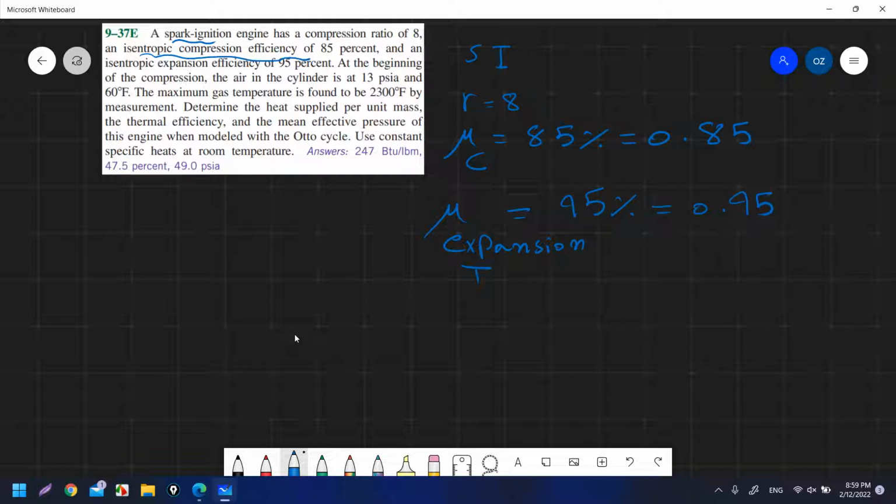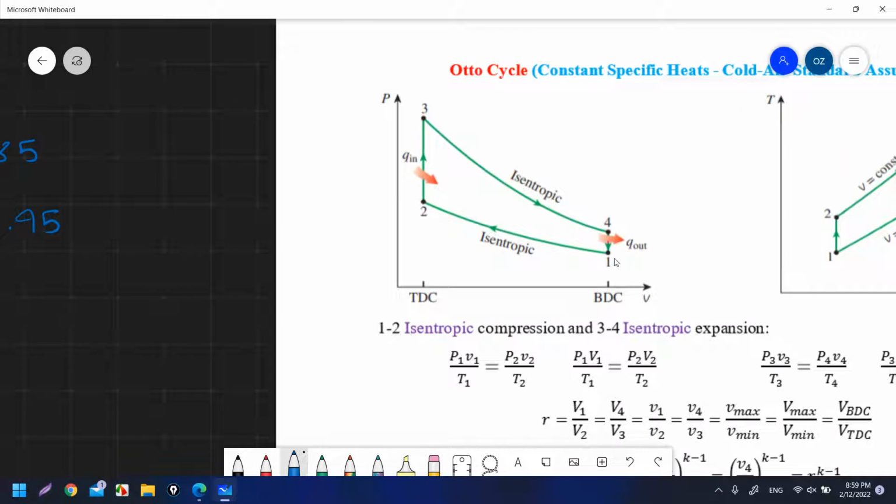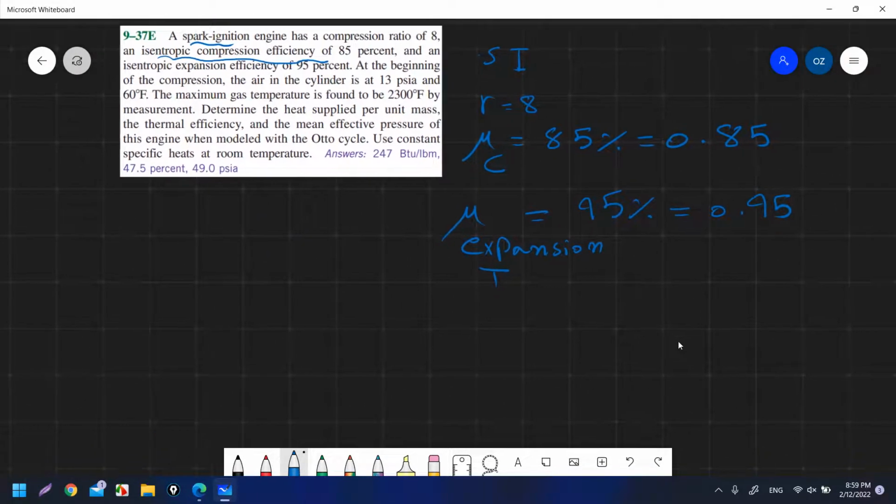At the beginning of the compression, if we look at the PV diagram, the compression process means the volume is decreasing from 1 to 2. So at the beginning of the isentropic compression process, we are talking about state 1. At the beginning of the compression, the air in the cylinder is at 13 pound square inch absolute.